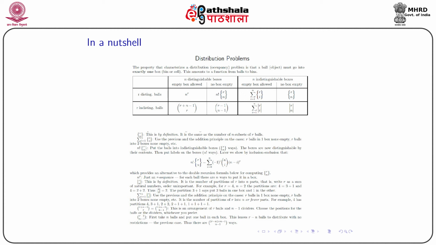So this slide gives the whole concept of the occupancy problem in a nutshell. In this module, we have learned how to find the number of possible ways or different arrangements in which we can distribute a number of balls into a number of cells, and their applications are also mentioned, especially in physics.